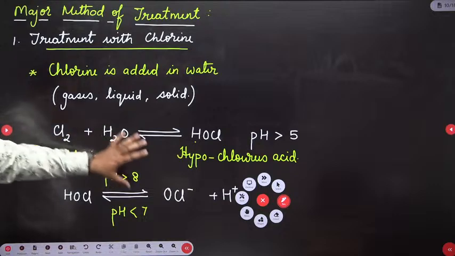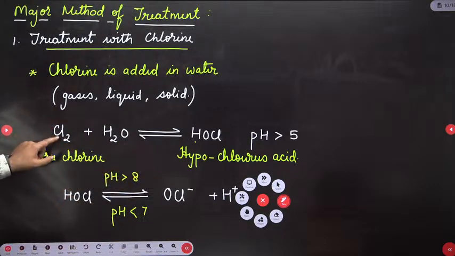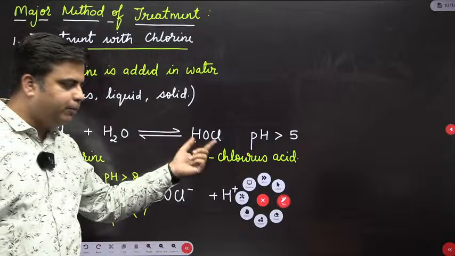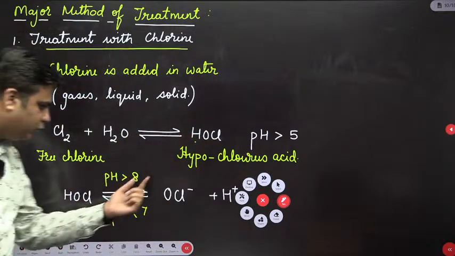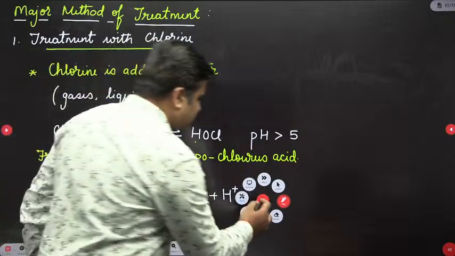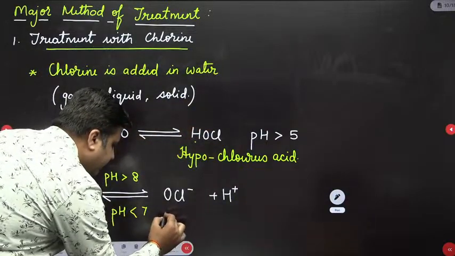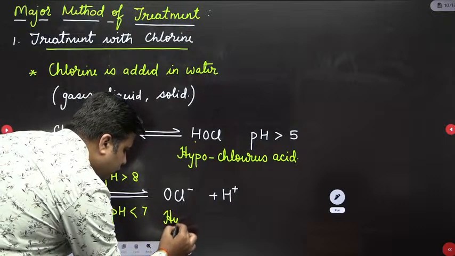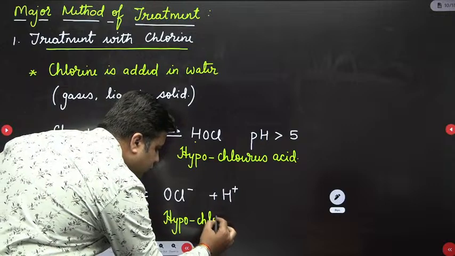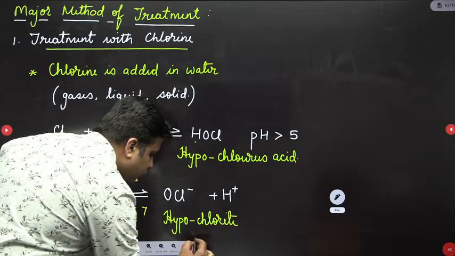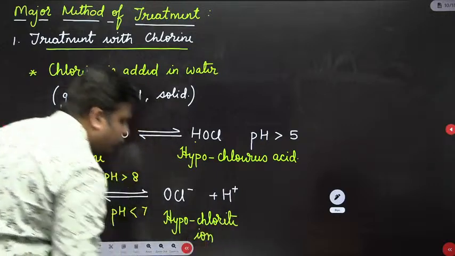So this is how the reaction takes place. You add chlorine, chlorine reacts with water to form hypochlorous acid, and this further dissociates into hypochlorite ion and H plus ion. This is the hypochlorite ion, right?